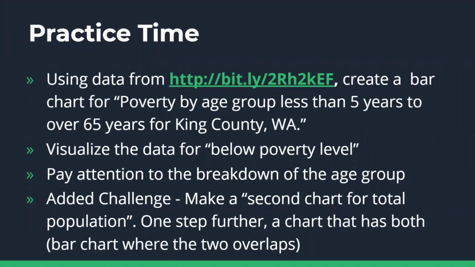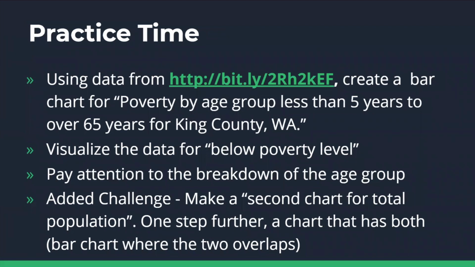One is total population, one is the people who are actually living below poverty, and then I want a chart where those 2 overlap. It is not quite stacked because I'll show you what a stacked bar looks like and why that is useful and why that is not useful. But for this particular data, an overlap chart will make more sense.